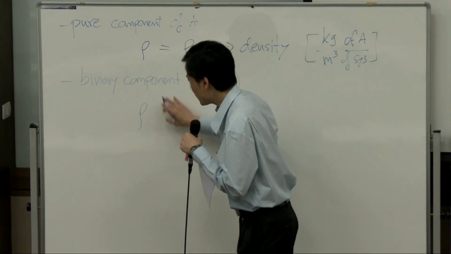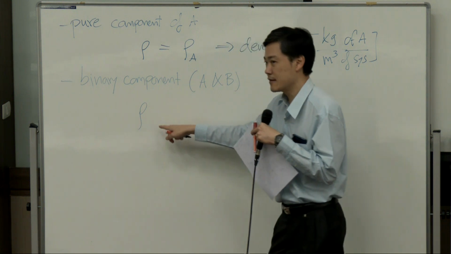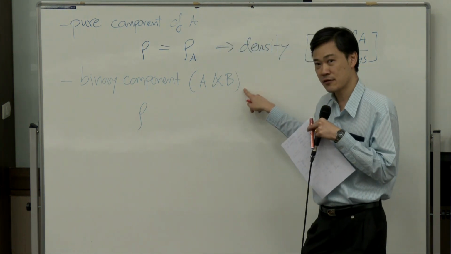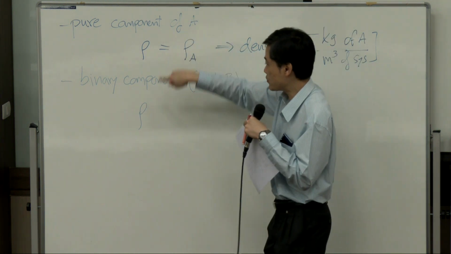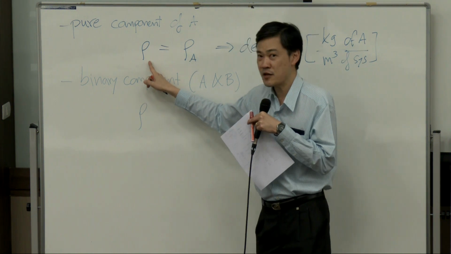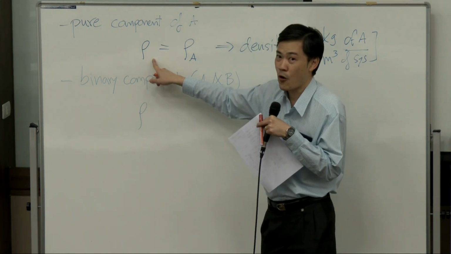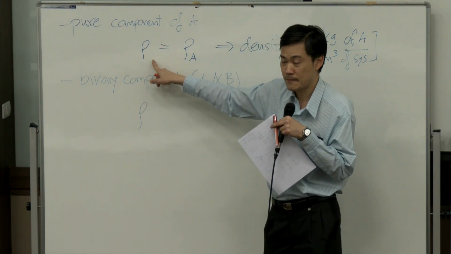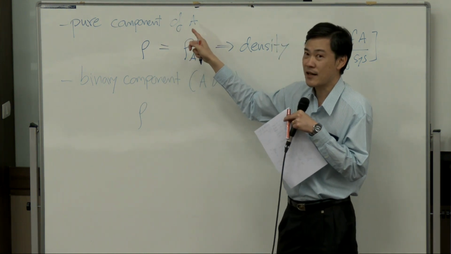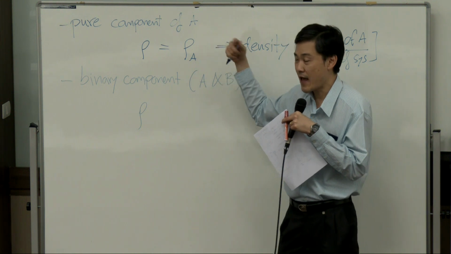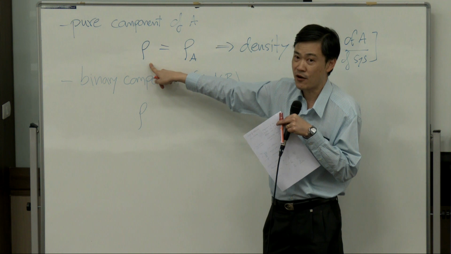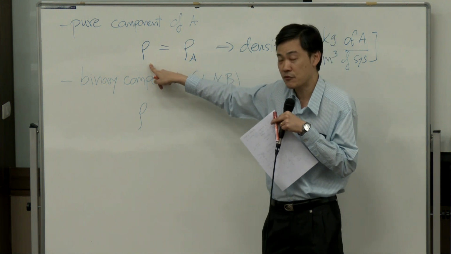If we want to define this density, this rho, now it is the density of the whole mixture. If you consider these two different systems, you should realize that the density of a pure component is always constant, okay? Of course it's constant because, regardless of how much A we have, if you add more A in the pure component system, the density remains the same because you add the same thing to the system.